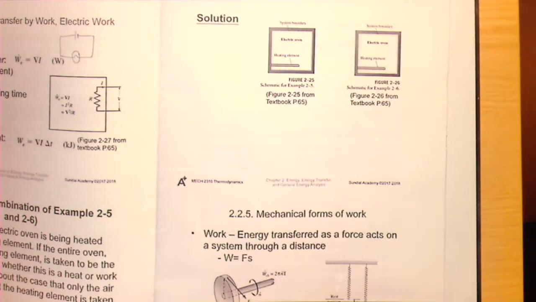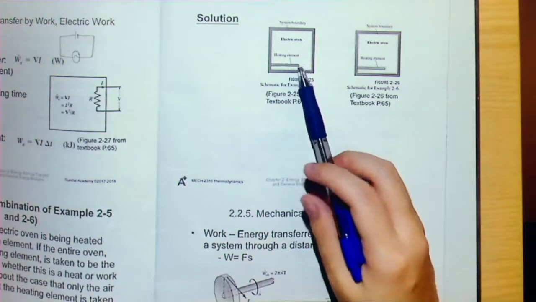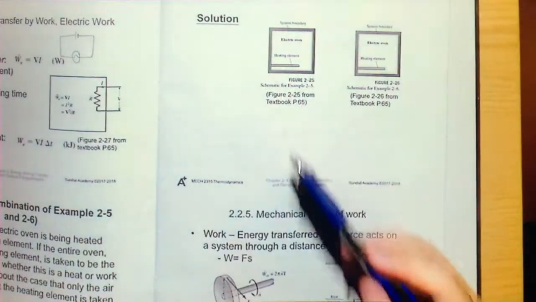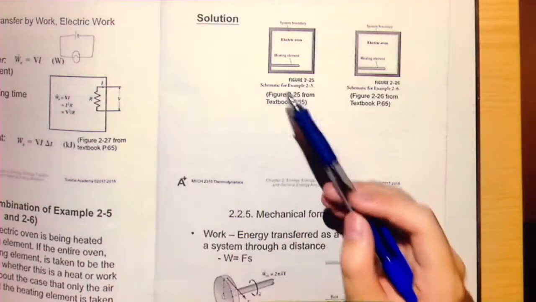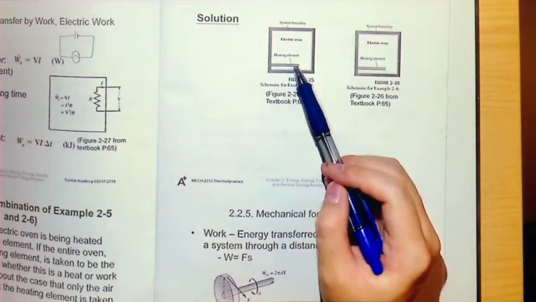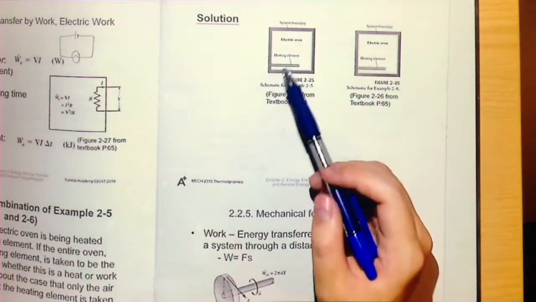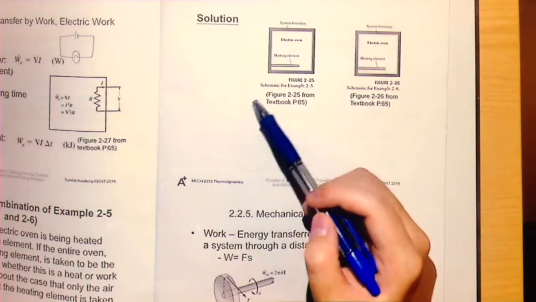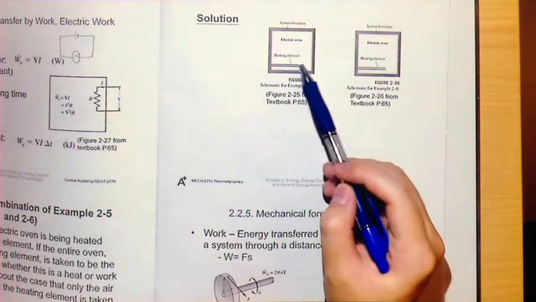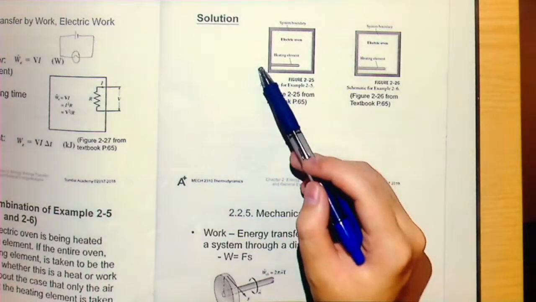For the first one, the heating element, as you can see, there should be some electrons flowing towards this heating element. So here we can see that electrons will go to this heating element, and that electron flow passes through the system boundary.